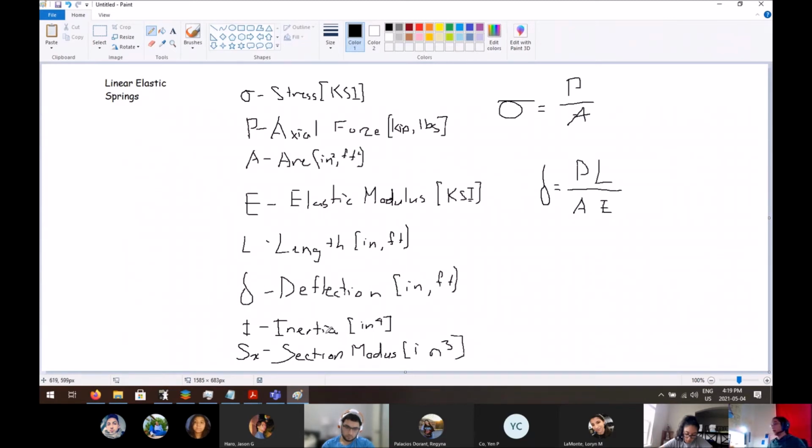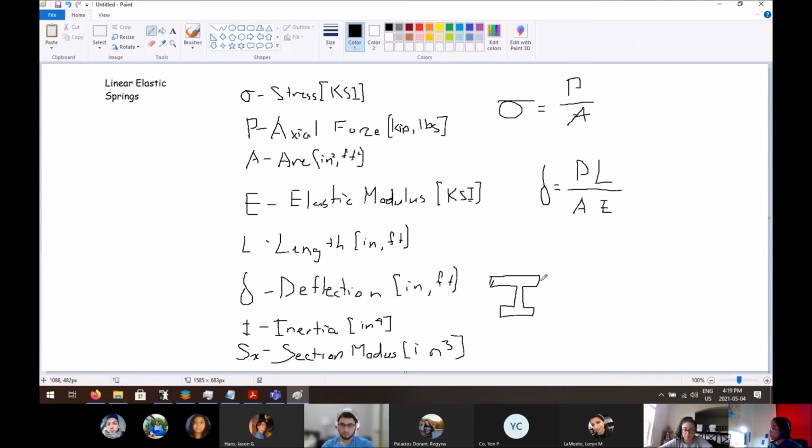Now one main thing that you should know with inertia and section modulus is that these are based on the shape of whatever material or beam you have. So let's say you have a steel beam, a typical wide flange beam that's terribly out of proportion, right?